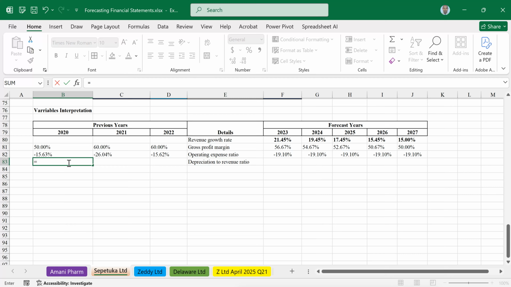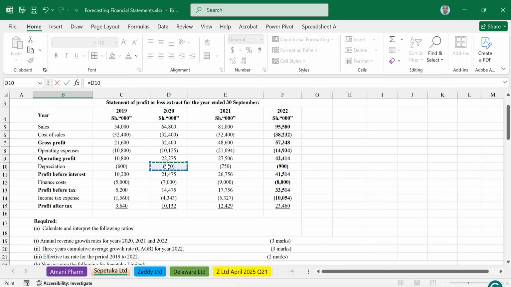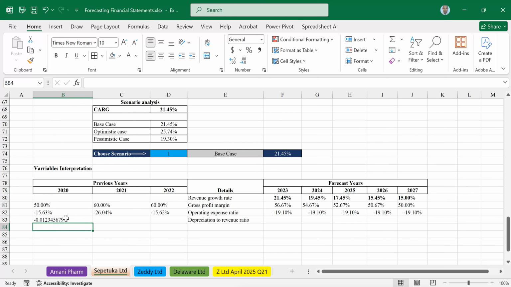Get for 2020. So depreciation to revenue ratio will be, click on depreciation for 2020, divide that with sales for 2020, then convert that to percent, to decimal, drag across.